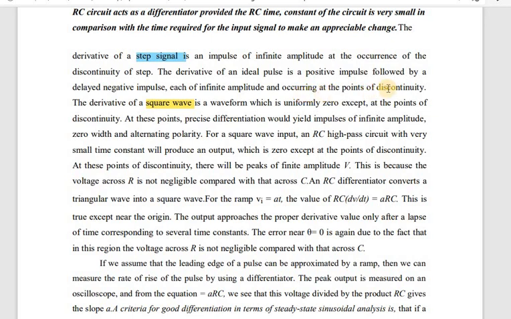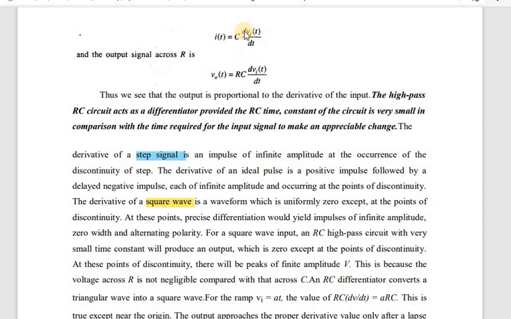So what does it mean? When you apply a step input signal here, your output is the derivative of your input. We have already said that the output is proportional to the derivative of the input. So if you differentiate the step, you will have an infinite amplitude at the occurrence of the discontinuity of the step.